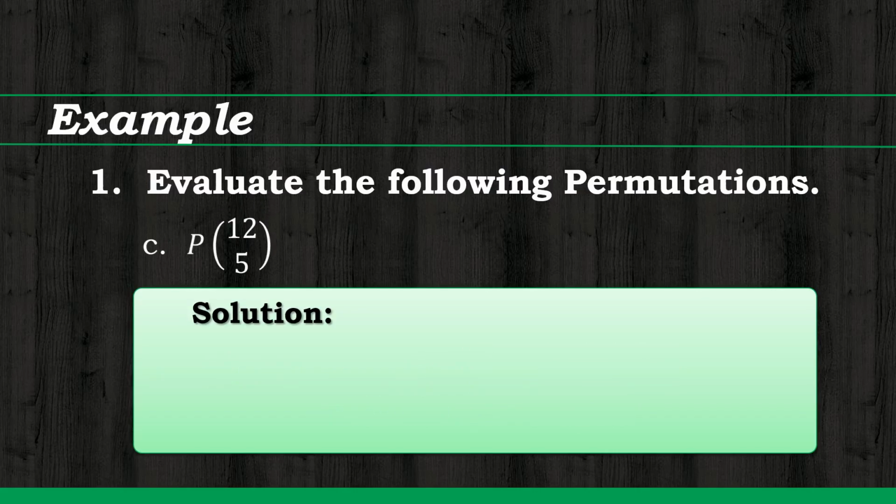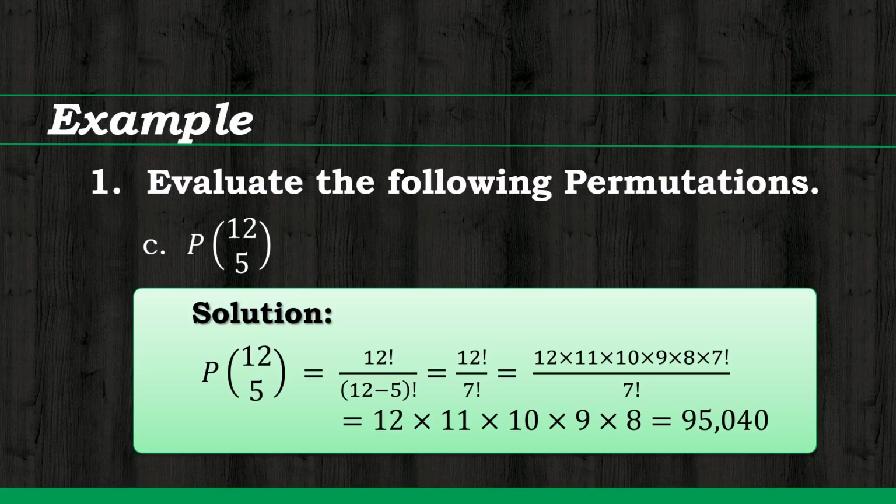For letter C, permutation of 12 taken 5 at a time. Solution: 12 factorial divided by 12 minus 5 factorial equals 12 factorial divided by 7 factorial. By simplifying, we have 12 times 11 times 10 times 9 times 8, which is equal to 95,040.